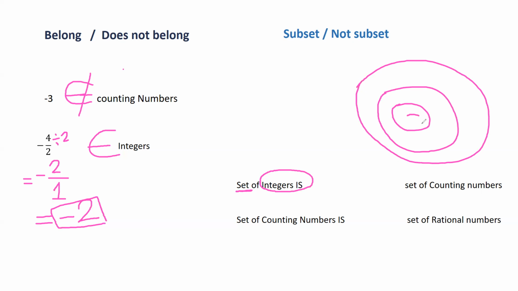We have the counting, then the integers, natural at first, then integer, then rational. Is the integers inside the counting, a small part inside the counting? Of course not, so we are going to write not subset. So this is not subset.